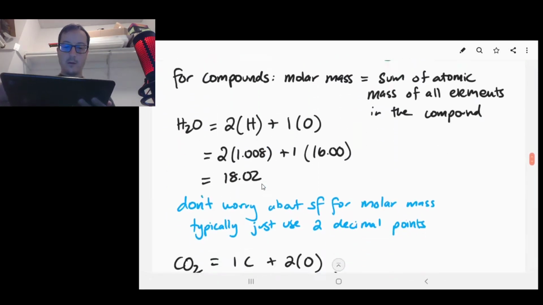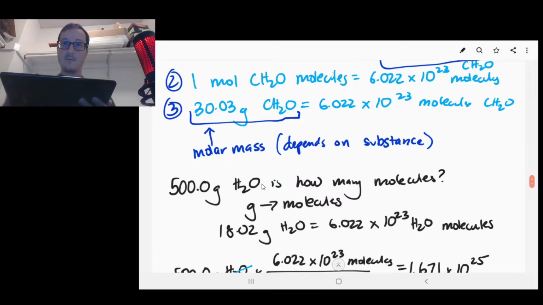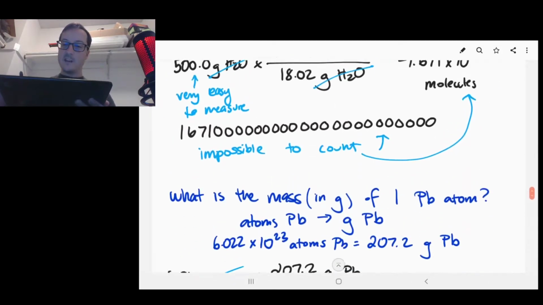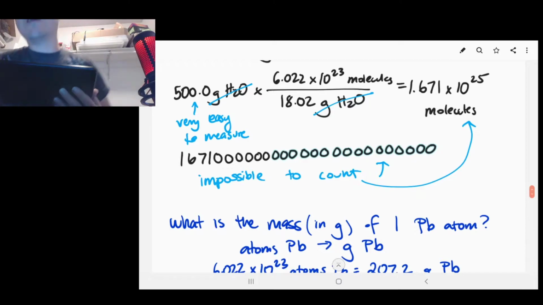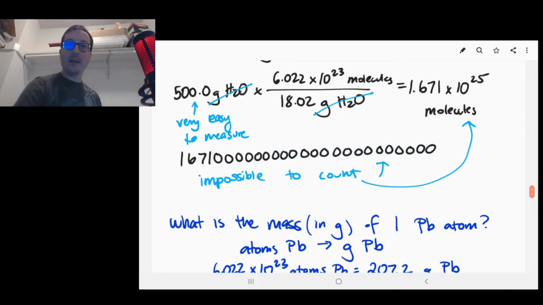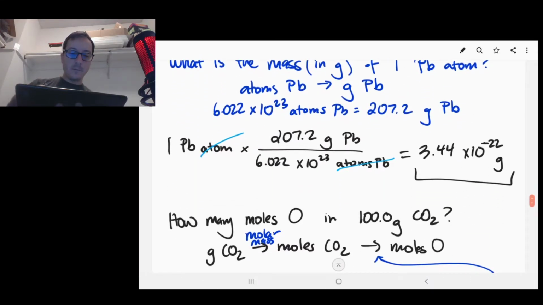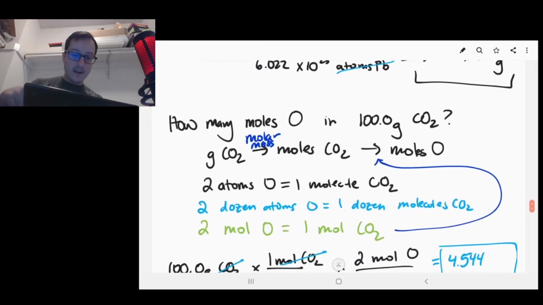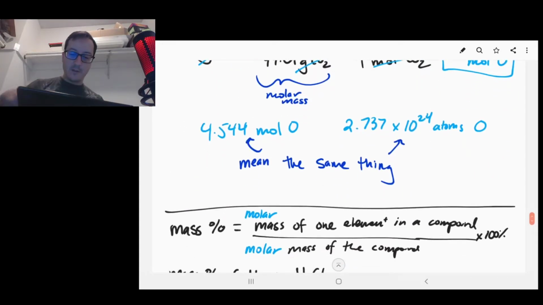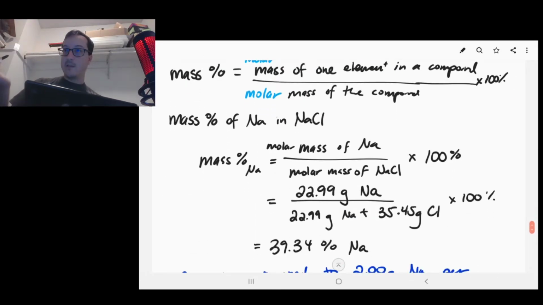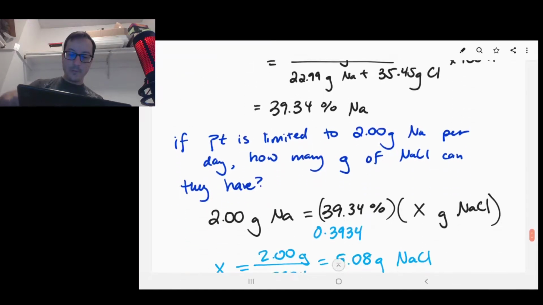We looked at mass percent, and we talked about how the mole is going to help us deal with really, really large numbers of atoms, which we find that normal masses we might use every day do in fact have. And we saw one lead atom was 3.4 times 10 to the negative 22 grams, and similar stuff. So we were able to do all sorts of fun stuff with moles last time, right?